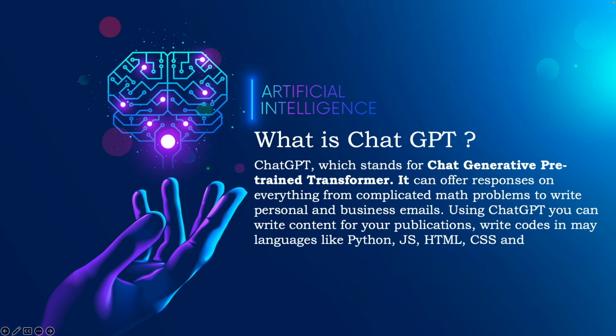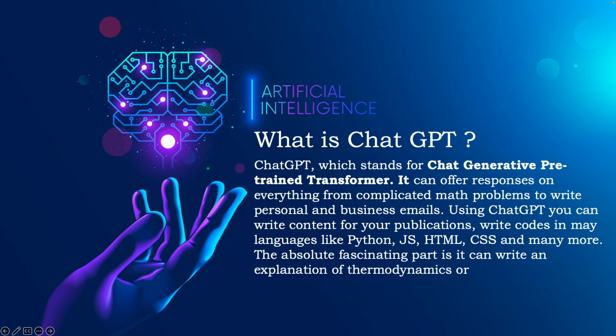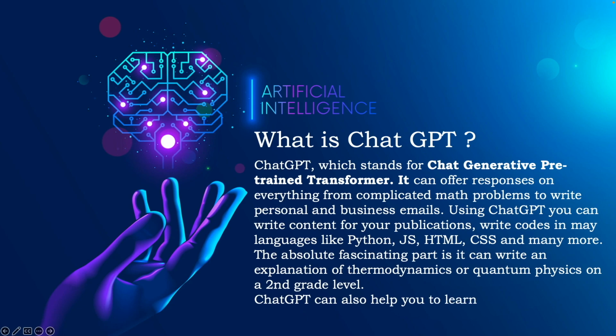Using ChatGPT, you can write content for your publications and write code in many languages like Python, JavaScript, HTML, CSS, and many more. The absolutely fascinating part is it can write an explanation of thermodynamics or quantum physics on a second grade level. The popular version of ChatGPT is the GPT-3 model.